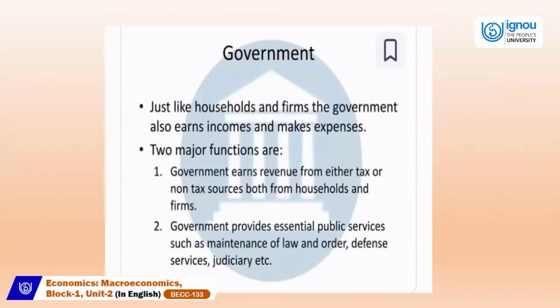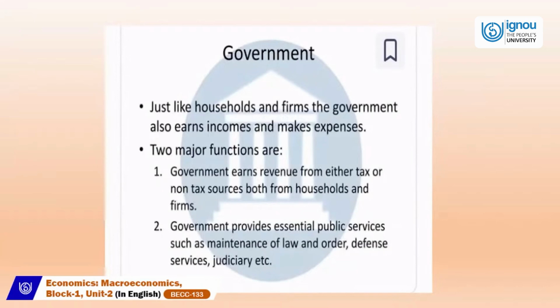The next one is government. When we talk about government, we are not talking about the selling or buying of goods and services. When we talk about tax or non-tax, we are talking about law and order, the judiciary and the defense services. Just like the firms and the household, the government also earns income and meets expenses.